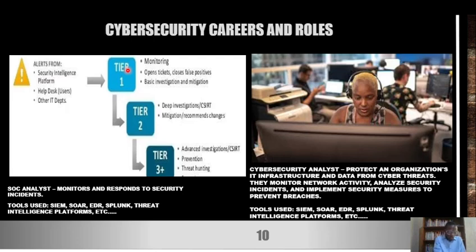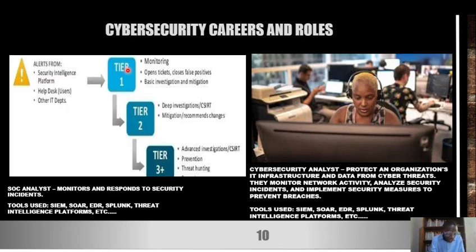And a tier two analyst dives deeper into the investigation and mitigation strategies. So after the tier one opens the ticket, if it can't be investigated by the tier one analyst, they move it to the tier two analyst, and the tier two dives deeper into it and recommends changes.